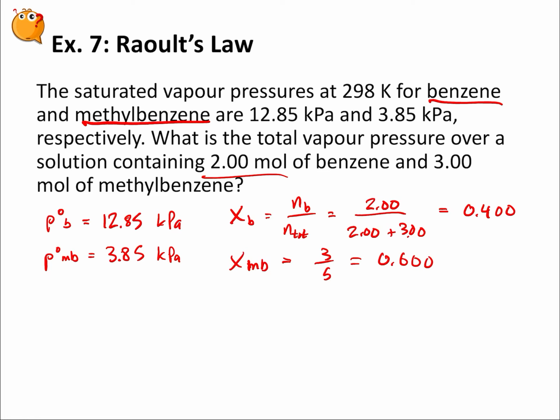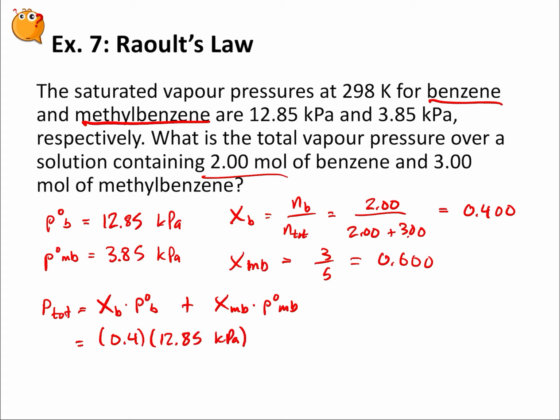So therefore, our total pressure is going to be the pressure of the benzene, which is X benzene times P0 benzene, plus the pressure of the methylbenzene, which is 0.4, no units on mole fraction, times 12.85 kilopascals, plus 0.6 times 3.85 kilopascals.